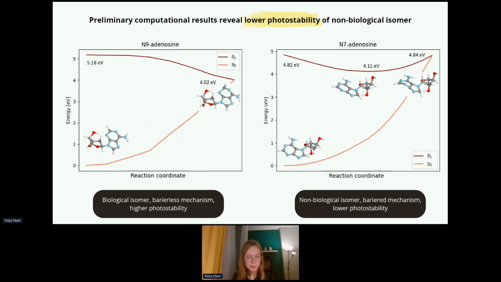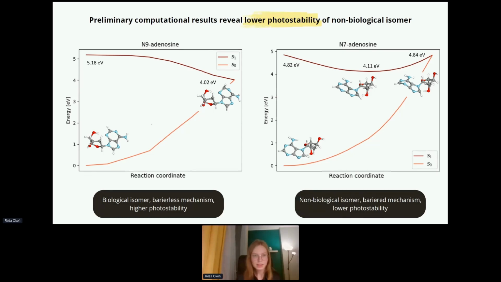Because when we examine them, we can see that in the case of N9-adenosine, this reaction is really barrierless, meaning there is no activation energy the molecule needs to reach to get from the starting geometry just after excitation to the geometry corresponding to getting back to the ground state.